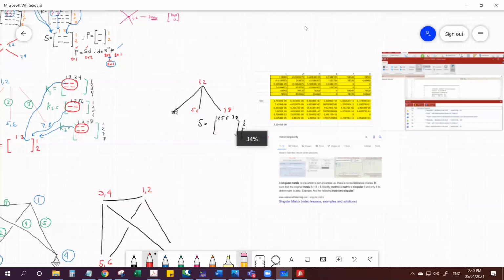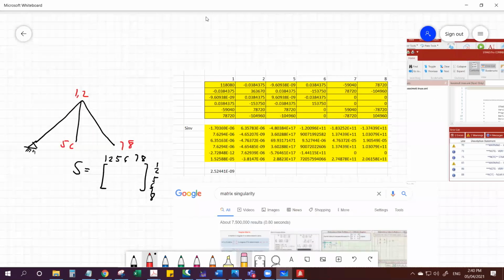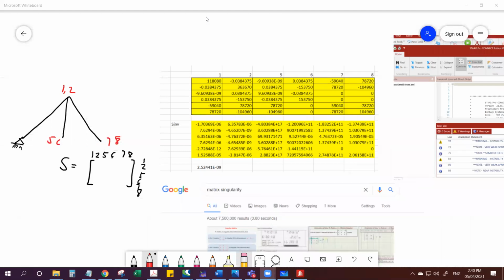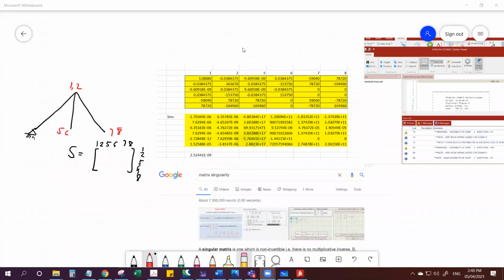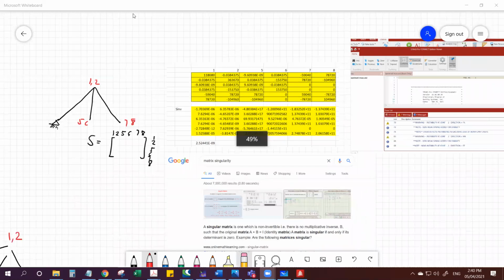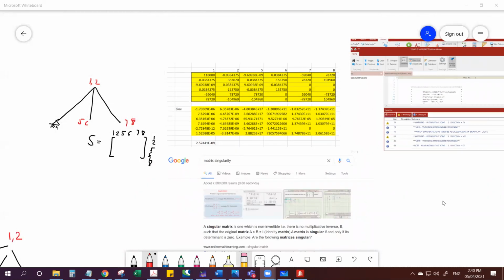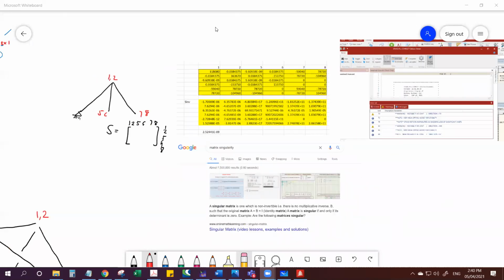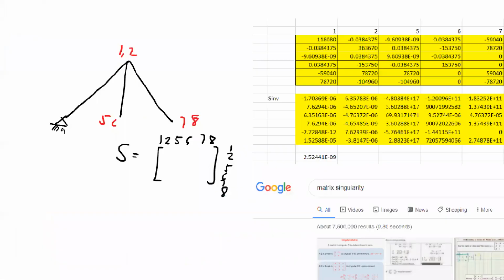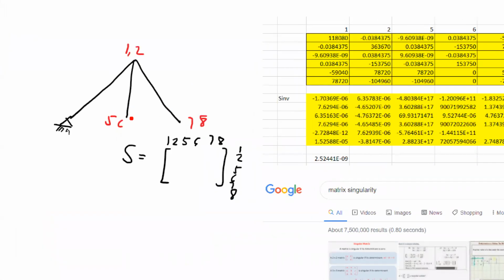So to give you an idea, okay, remember this structure, we have an actual member. So what I did is let's remove the supports, and then subject that to a force.